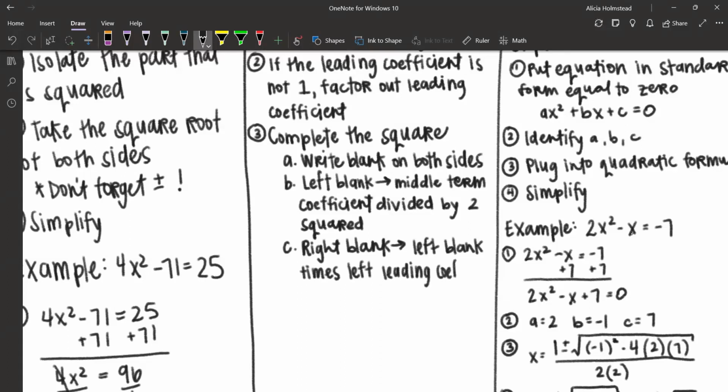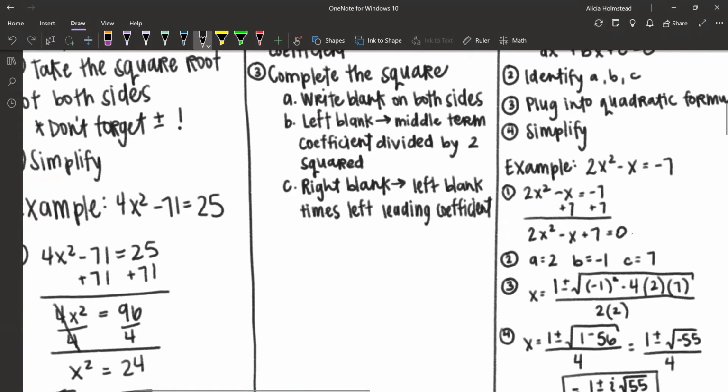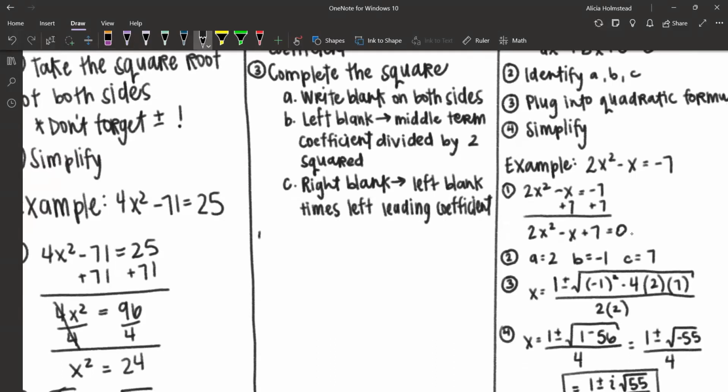So that number that we factored out, you have to multiply it by the number in the blank and add it to the other side. I know that that's a lot of words, but it's kind of hard to describe in words what we're doing. If that seems confusing, I think the example on this one may be the most useful thing to reference, but I'm writing the steps in case that's more useful for you.